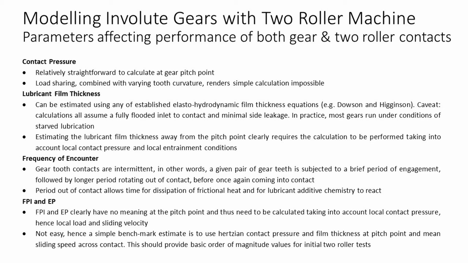There is, however, a significant caveat. The calculations all assume a fully flooded inlet in the contact and minimal side leakage. In practice, most gears run under conditions of starved lubrication, and there is always side leakage. Estimating the lubricant film thickness away from the pitch point clearly requires calculation to be performed taking into account local contact pressures and local entrainment conditions. Once again, that is not easy.